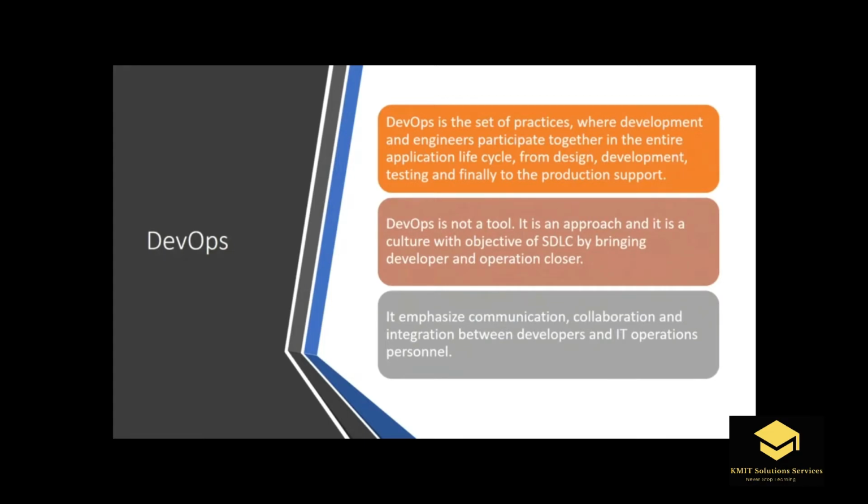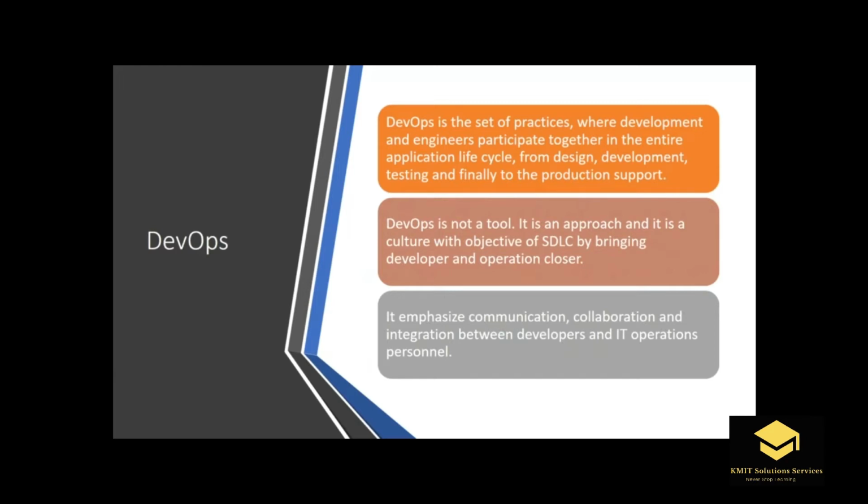So what is DevOps? DevOps is a set of practices. It is a process, not a tool. It is a set of practices in which developers and engineers participate together in the entire application lifecycle, from design, development, testing, and finally production support.